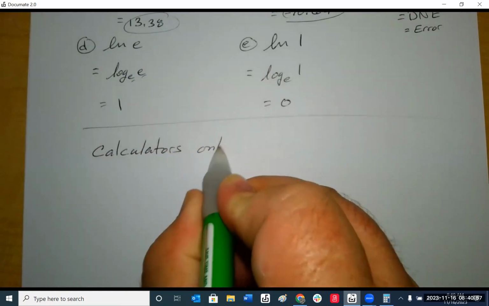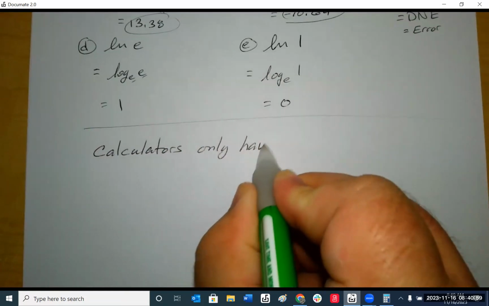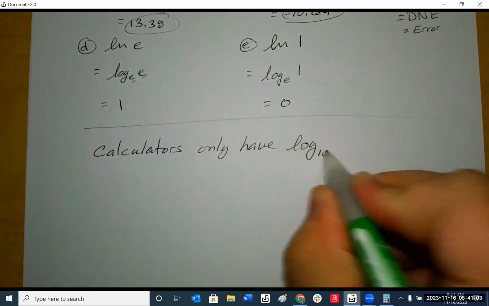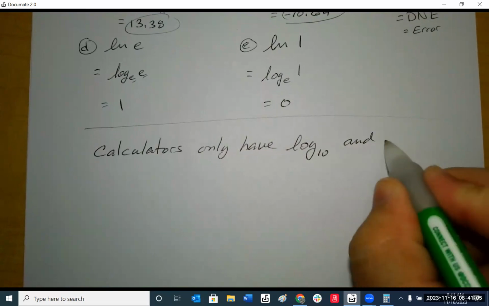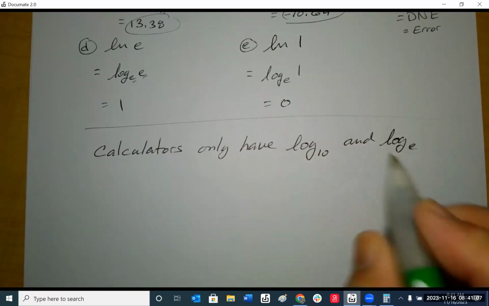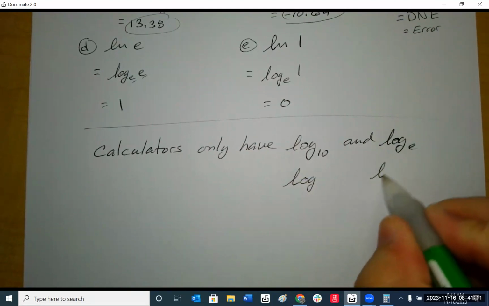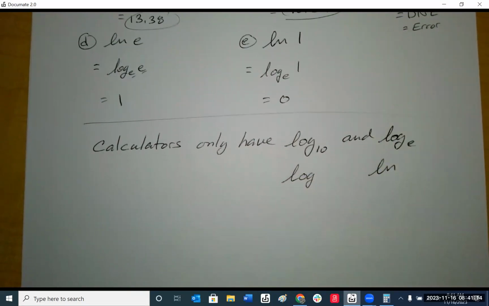Calculators only have log base 10 and log base e. So they have the common log and the natural log.